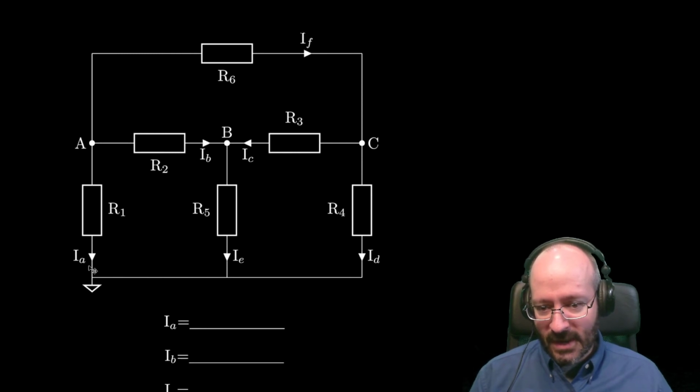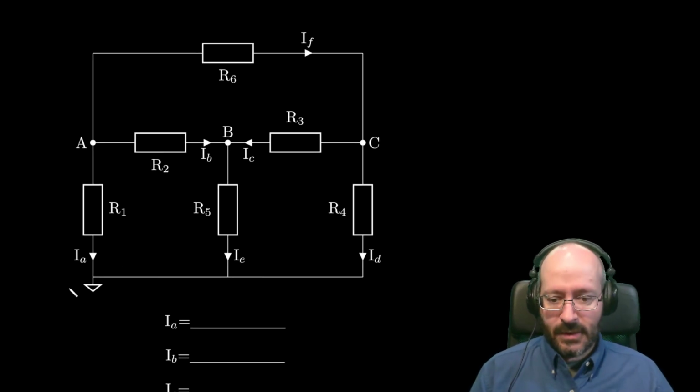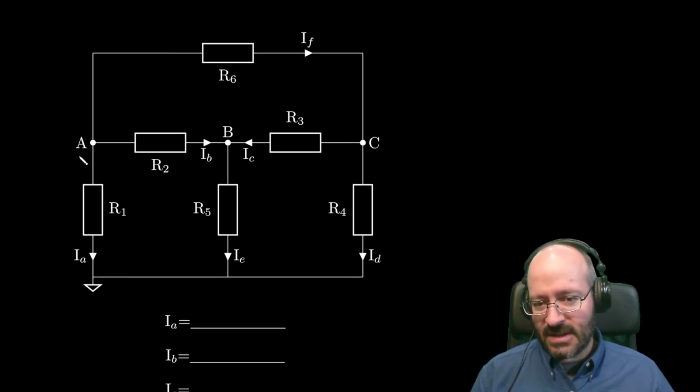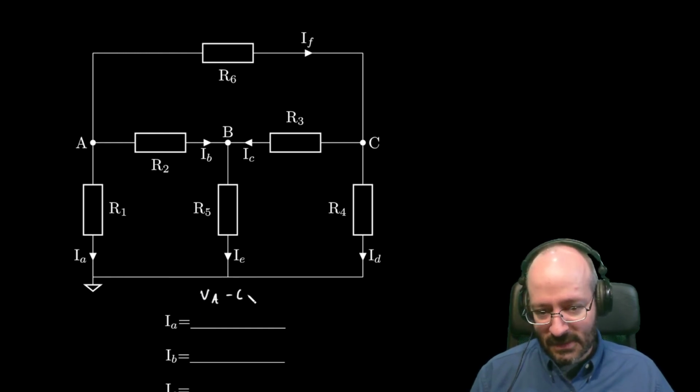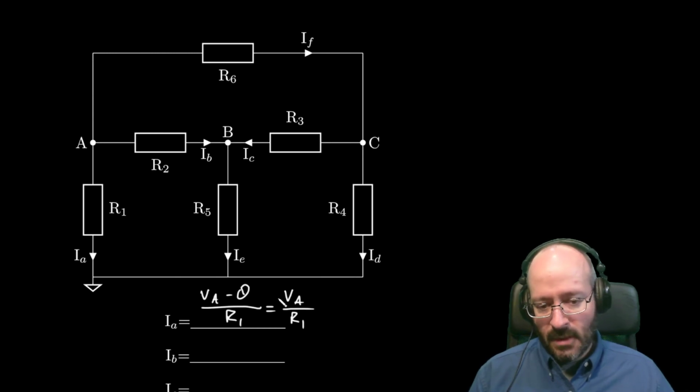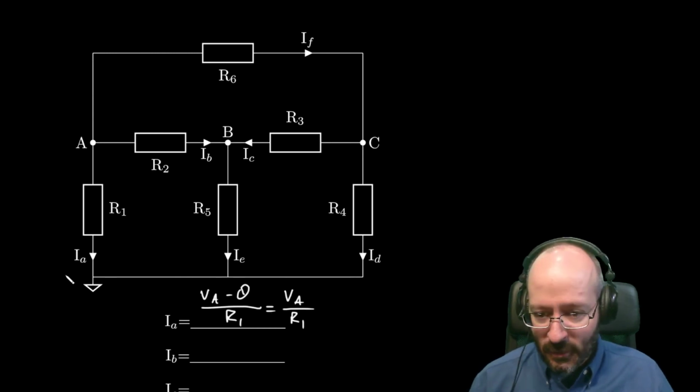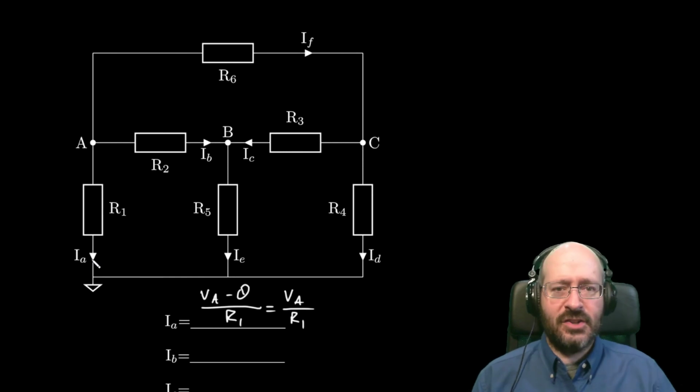Okay, so if I'm looking at IA and it's flowing in the opposite direction, the voltage at the tail now is VA. The voltage at the tip is 0, and that's going to be over R1. So that's going to be more typically written as VA over R1. I lost that negative sign. Well, of course I did, because I changed the coordinate system.